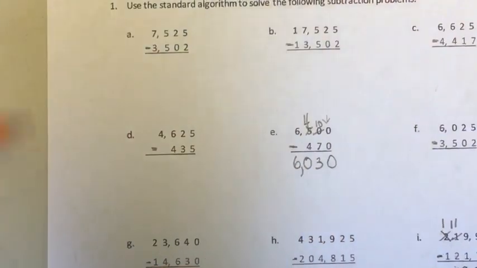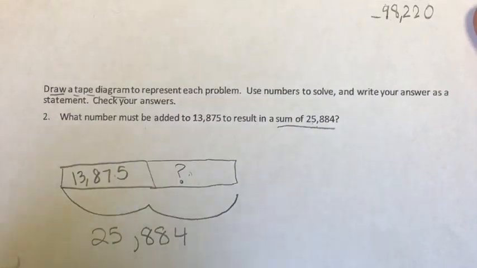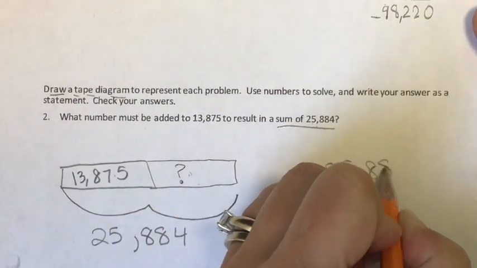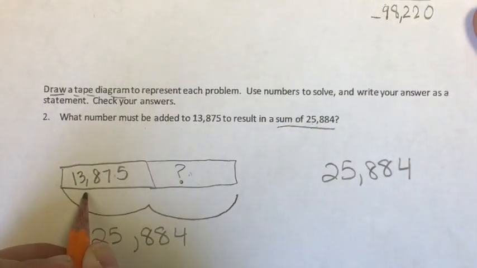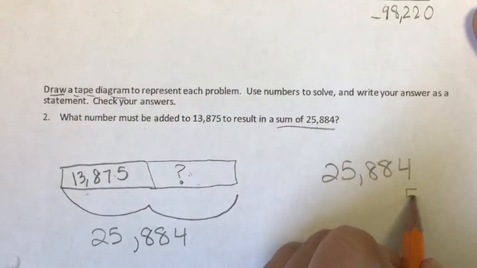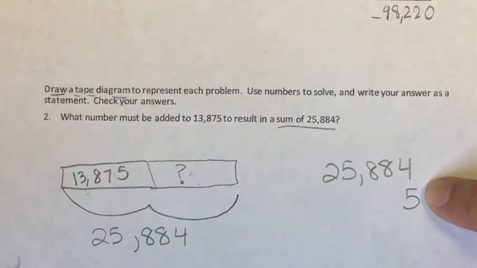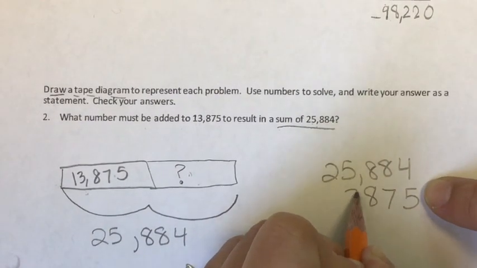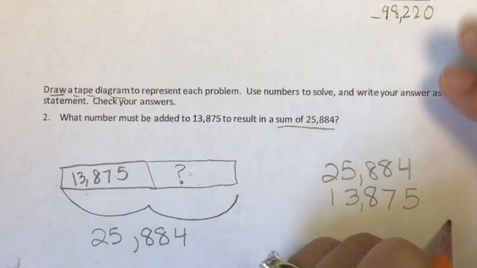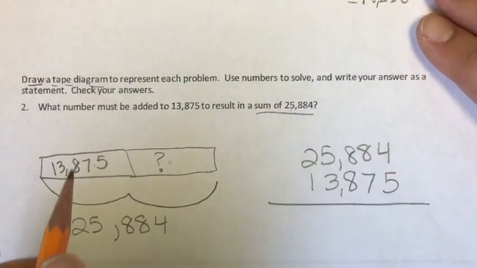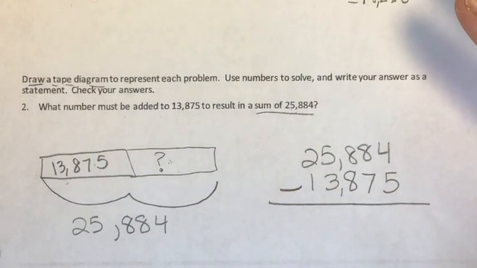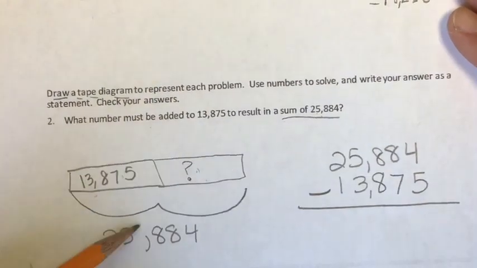Well, I'm going to have to do subtraction. So I'm going to obviously put my larger number on top. This is what I already know I have. I'm going to match up my numbers, the ones place, tens place, hundreds place, thousands place, 10,000s place. And then what am I going to do? What operation? Subtract. Because I'm actually needing to find the difference between these two numbers.